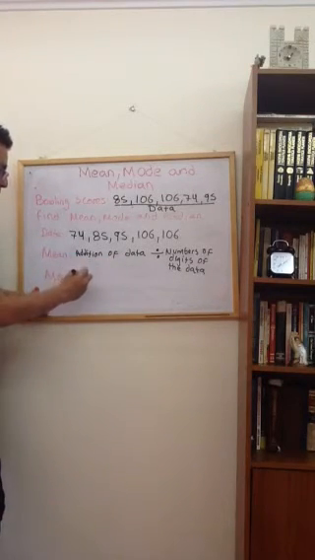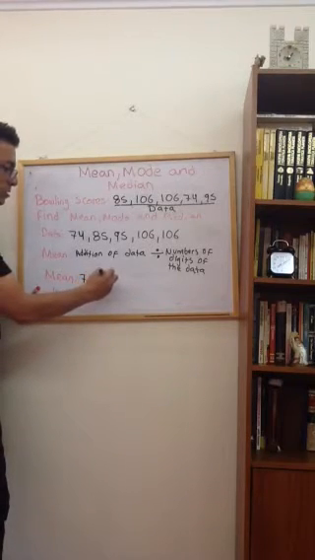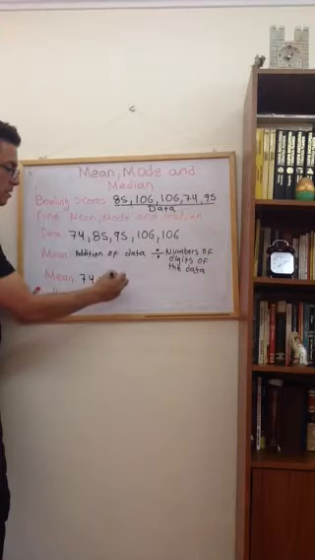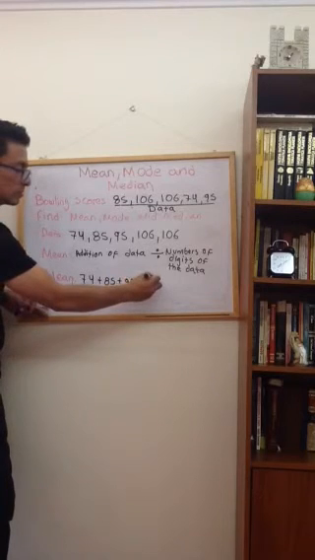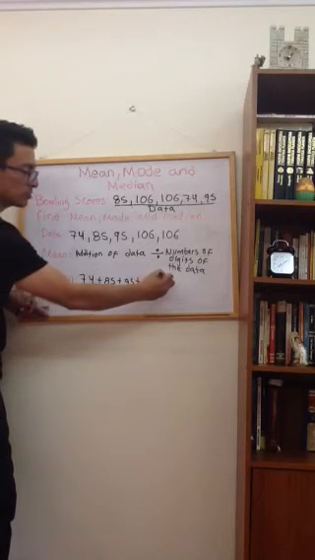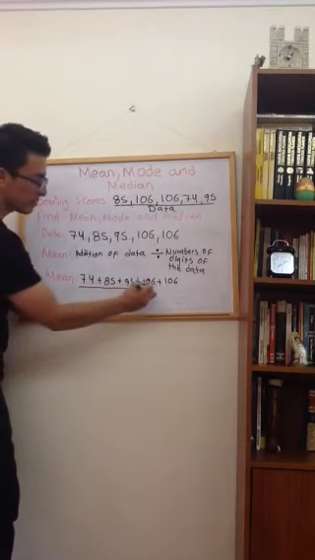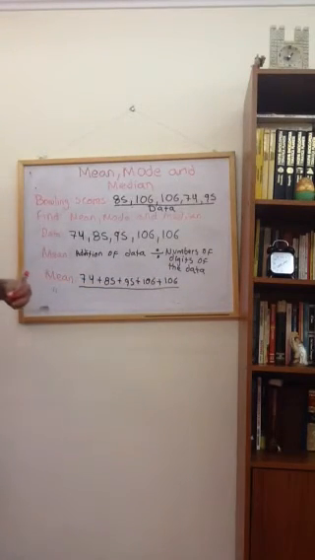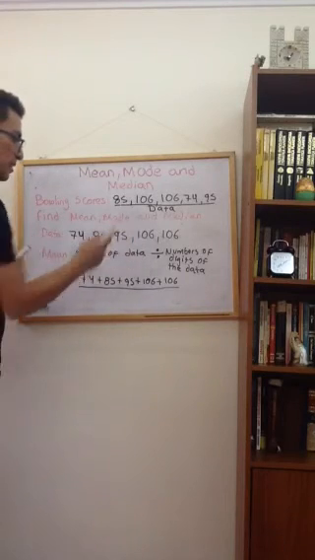So, 74 plus 85 plus 95 plus 106 plus 106 divided by the number of digits of the data. So let's see how many digits we have. 1, 2, 3, 4, and 5.